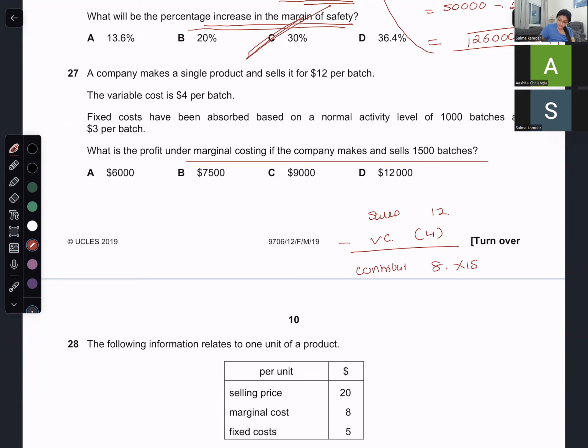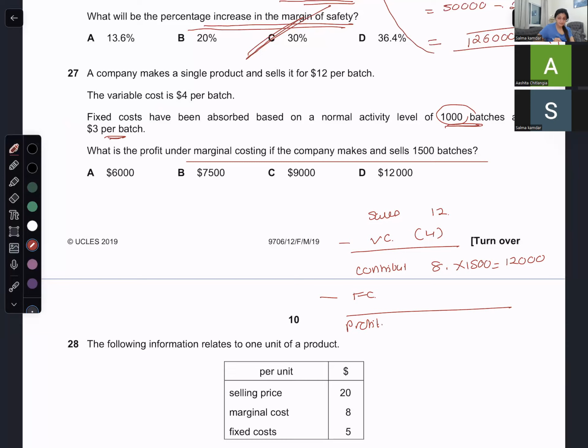Just give me the total contribution. 12,000, minus fixed costs, gives the profit. Normal activity level of 1,000 batches at 3 per batch.